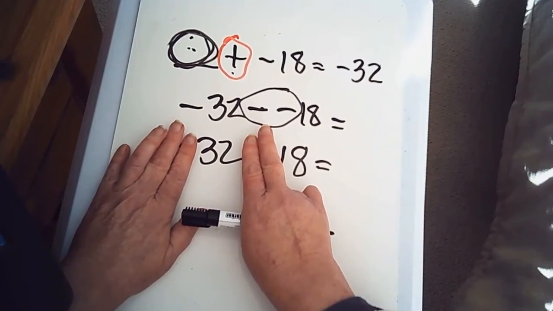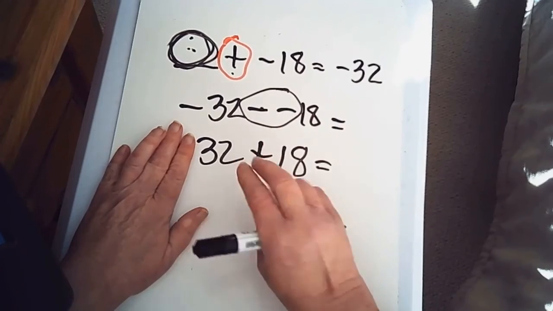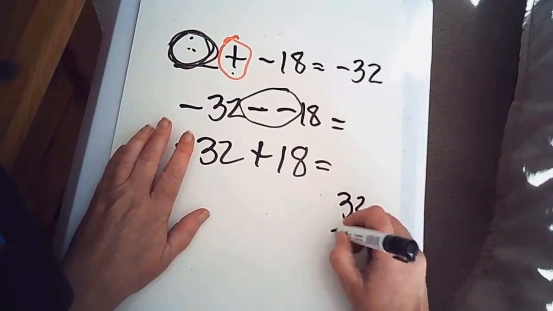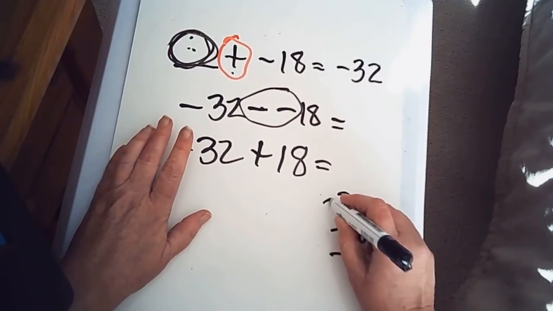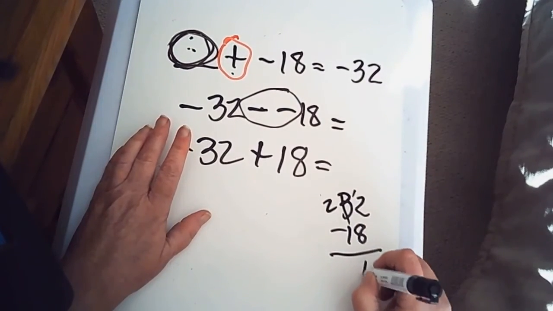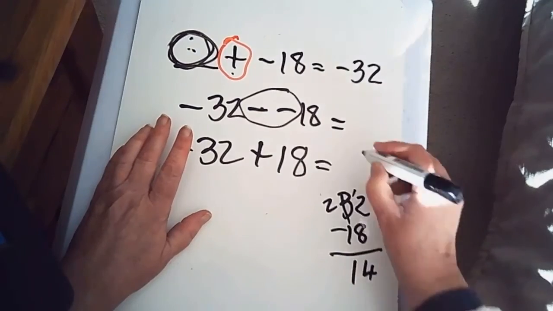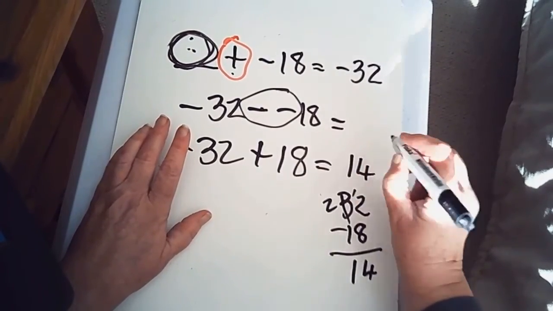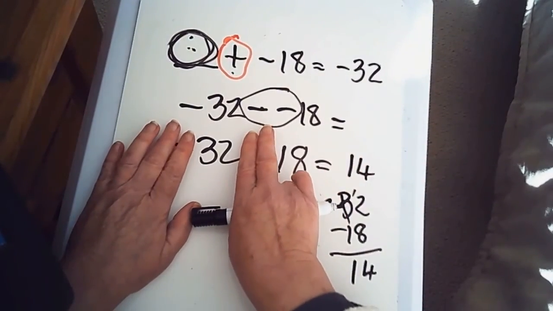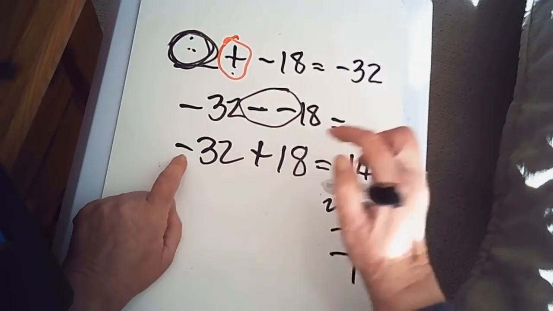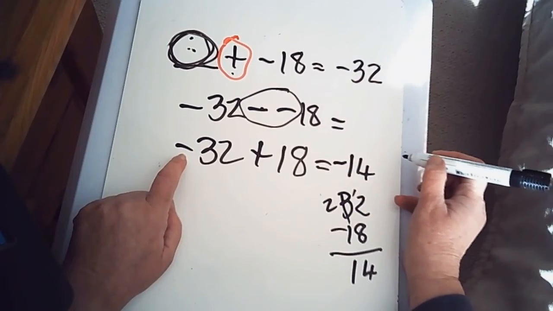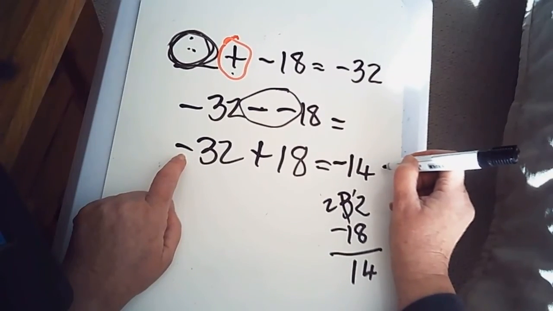I say, what is the difference between 32 and 18? So I go 32 minus 18, right? 2 minus 8 you can't, so 12 minus 8 is 4. 2 minus 1 is 1. So that's 14. And which digit is bigger, 32 or 18? 32, and it's a negative. So negative 18, negative 14.